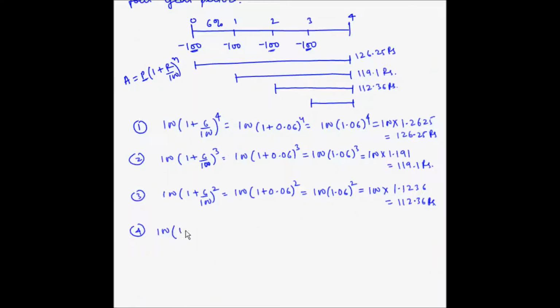Now we'll take the fourth installment of 100 rupees. This will grow for 1 year only. So 1 plus 6 by 100 to the power 1. 100 into 1 plus 0.06. This is 100 into 1.06, which is 106 rupees.